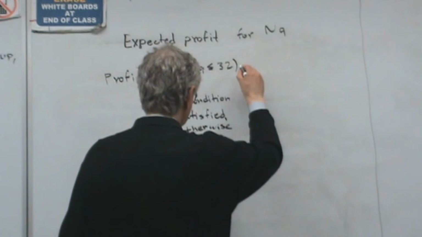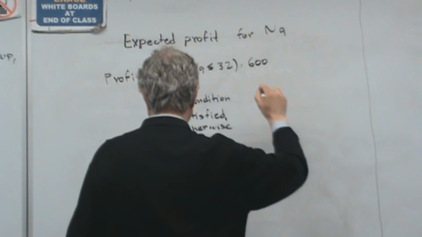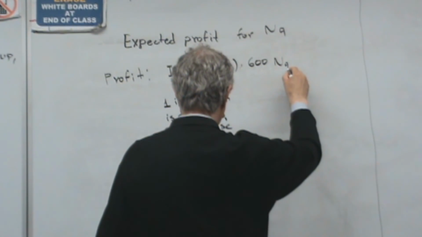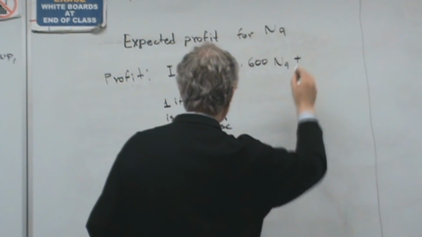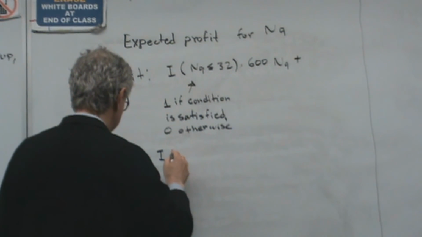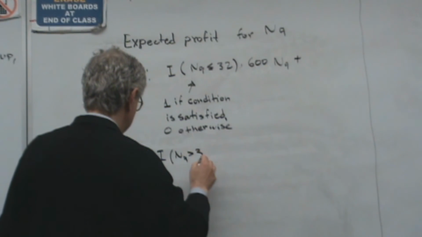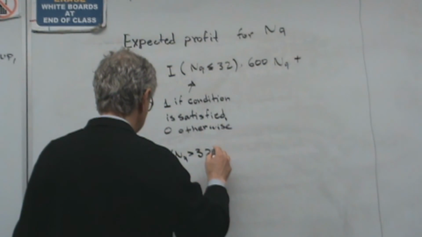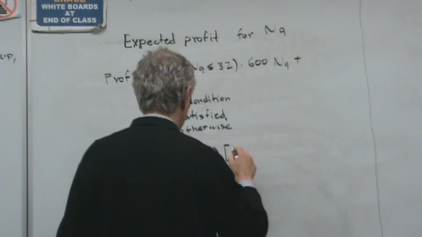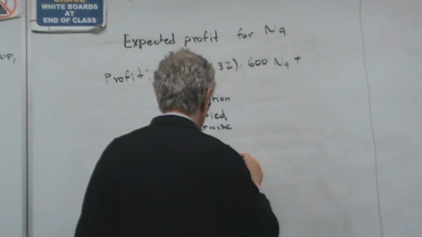Okay, times $600 that we made times NQ, plus I, NQ greater than 32 times, now we start making losses because we cannot accommodate the customers.